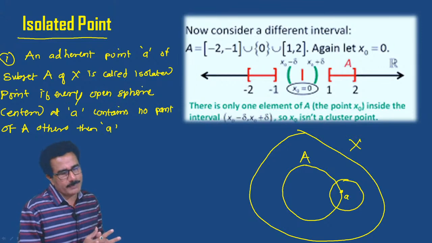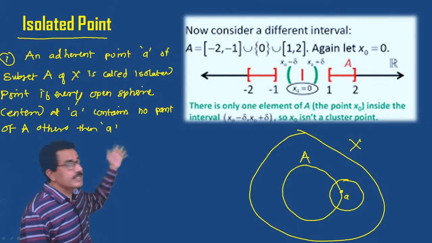The isolated point comes from the adherent point. Let (X, d) be a metric space.